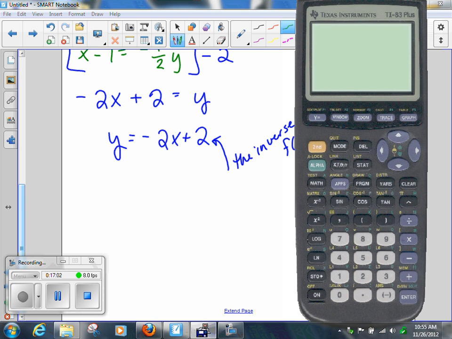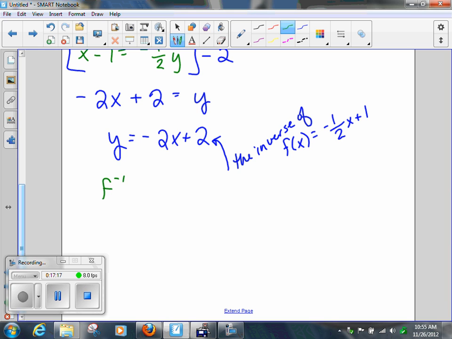Seeing that notation, how am I going to rewrite y equals negative 2x plus 2 in function notation, showing that it's the inverse? f to the negative 1 of x is equal to negative 2x plus 2. That's just showing that it's the inverse of that function, okay?